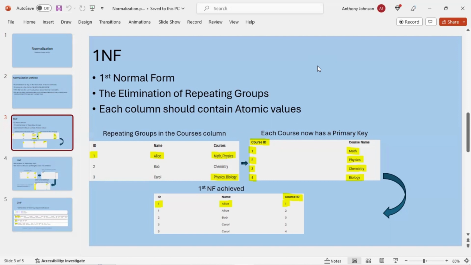So we broke that table down into another table, which would probably be called courses, and we gave them their own unique identifier. If you look at the third diagram, this is essentially what we are looking for. Although Alice repeats twice and Carol repeats twice, they don't have multiple courses within one row. We'd rather the data repeat a couple of times, but have a unique combination in each row.